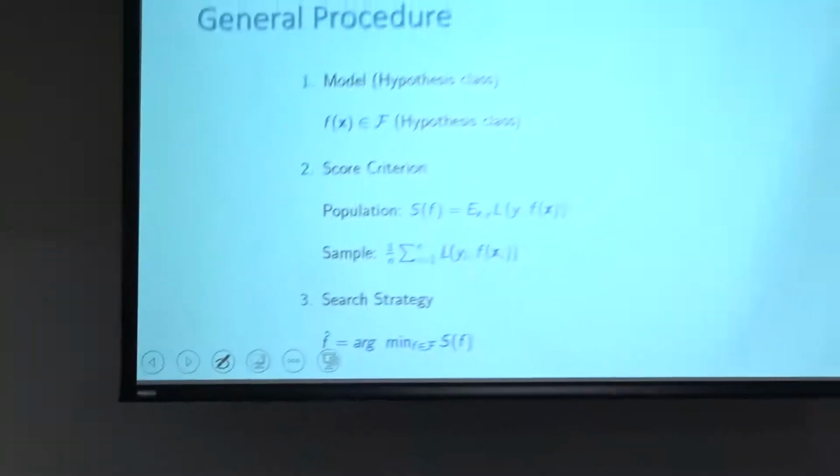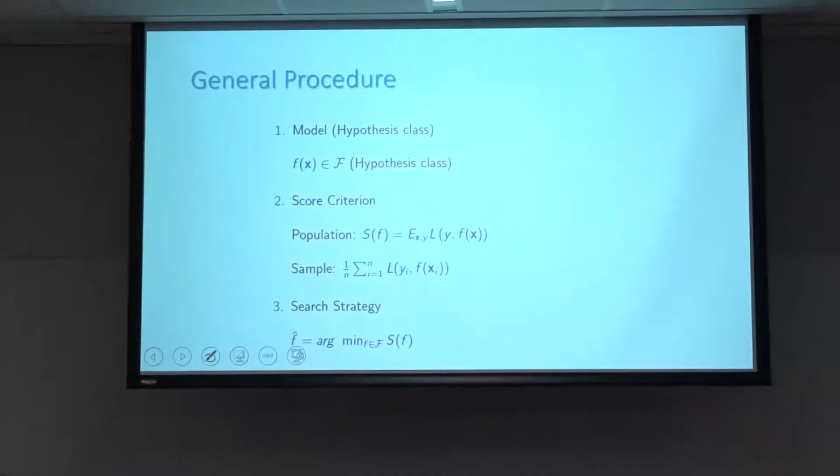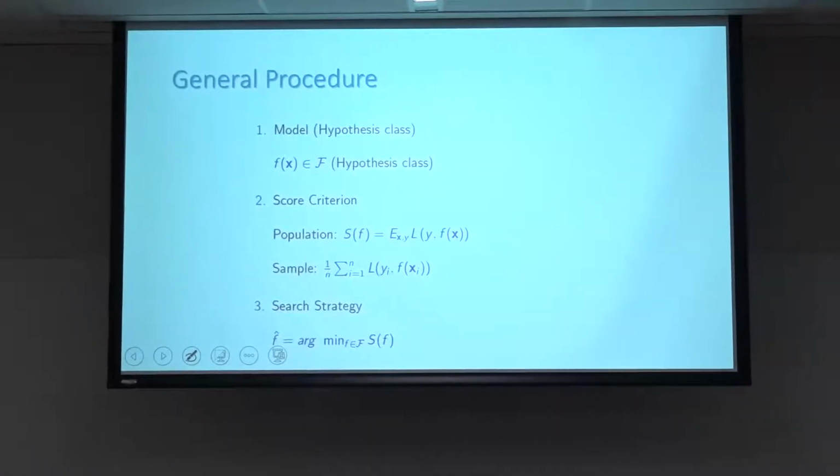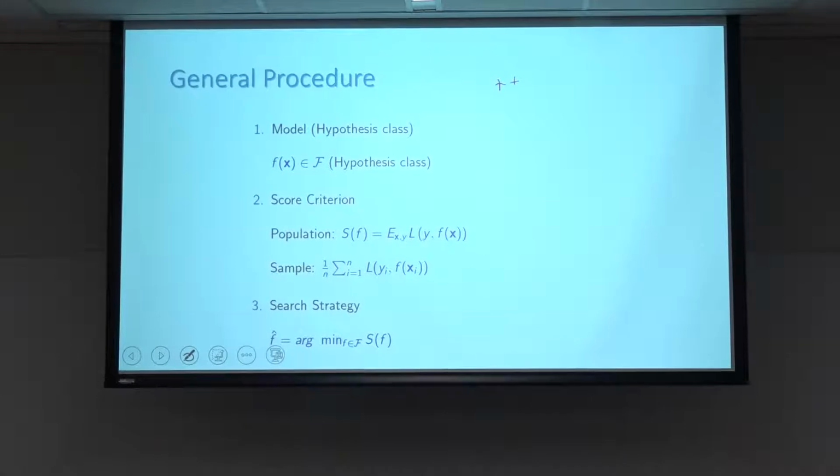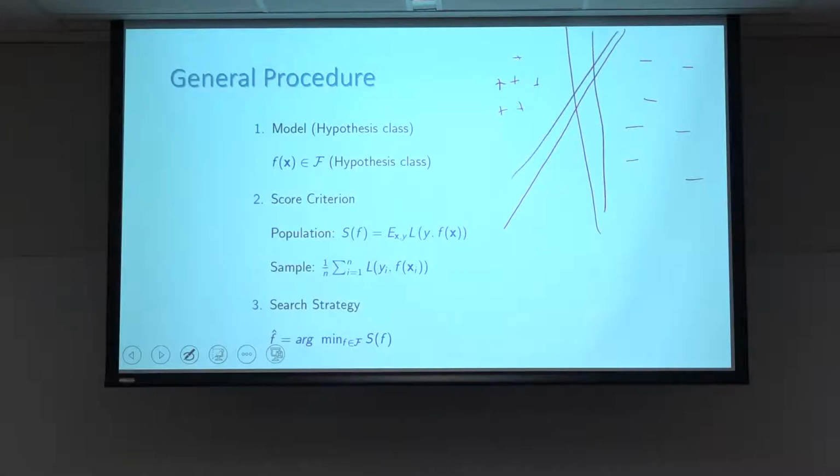So in this case, our hypothesis class is the class of linear functions. So we are assuming that there are two classes to be classified. Positive labels are one of them, and negative is the label of the other one. And I assume that a linear function is going to classify them. So this is my hypothesis class, the class of linear functions.